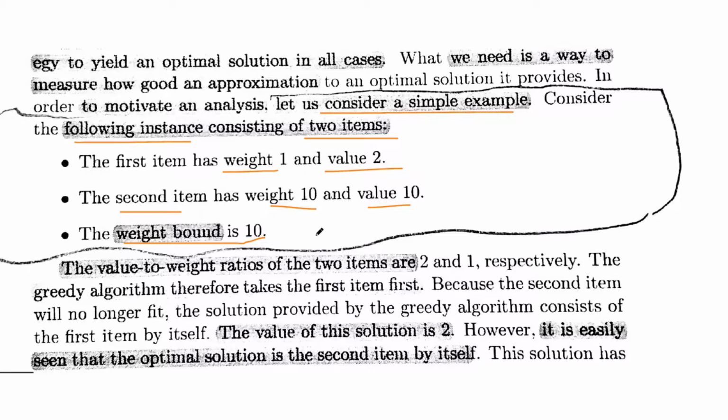So what the binary knapsack is saying is you have a box, which you call the knapsack. You want to pack as many items as possible into this knapsack. But this knapsack has a limitation on the weight that it can carry, which we call the capacity or the weight bound.